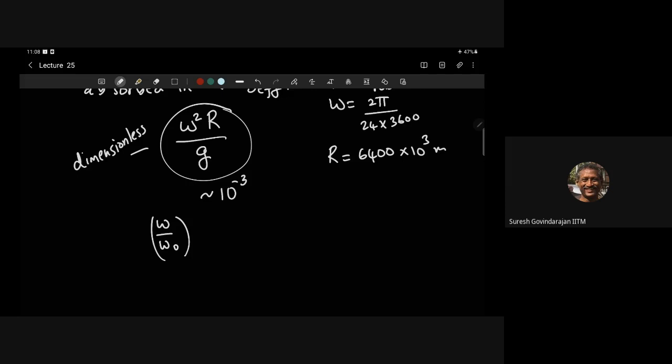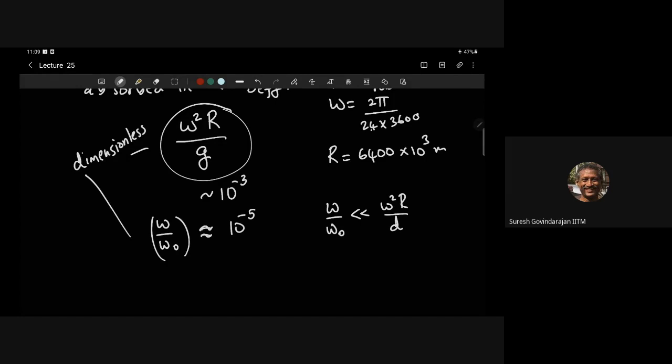Another dimensionless quantity. The 2 pi's will cancel, so it's of the order of 10 to the power minus 5, approximately. So you can see that omega by omega naught is at least 100 times less than omega squared R by g.